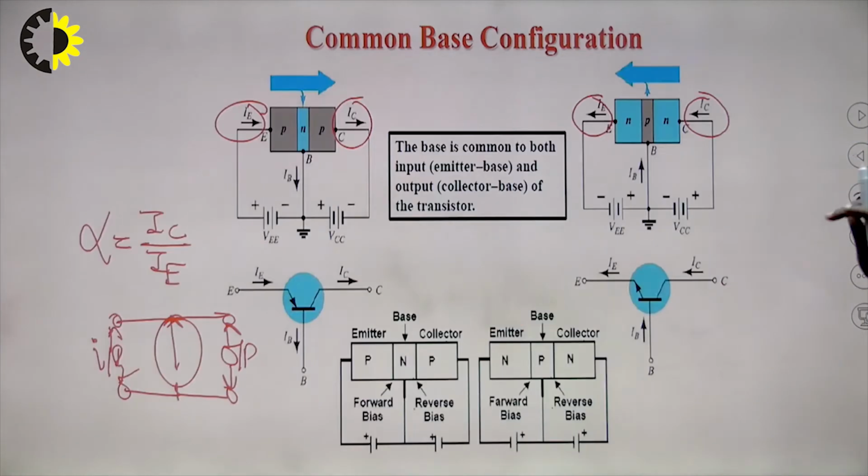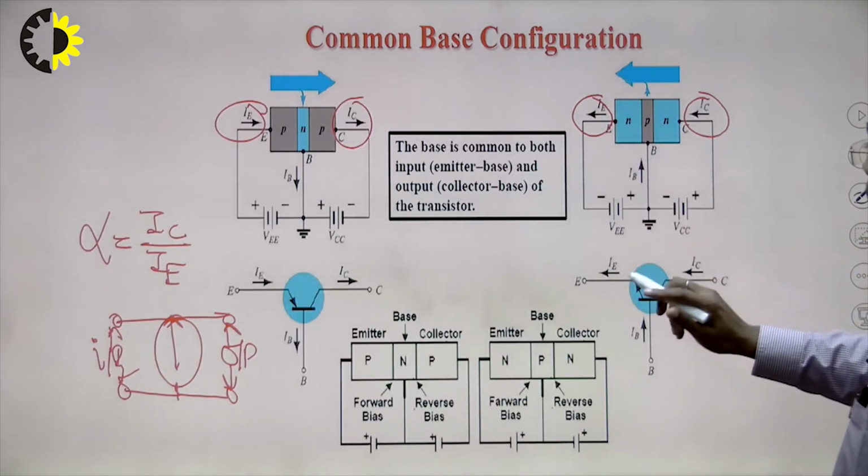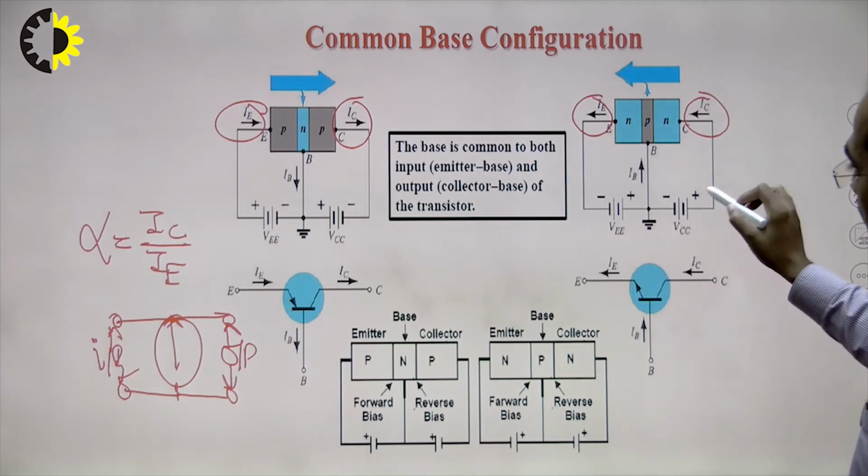Here I have considered the NPN transistor, so V is minus and VCC is positive.